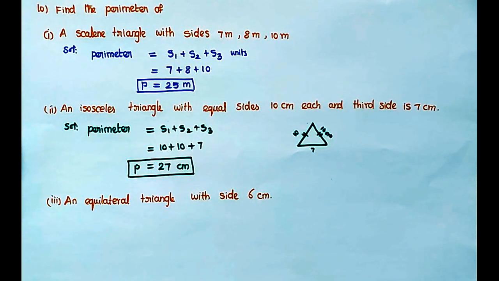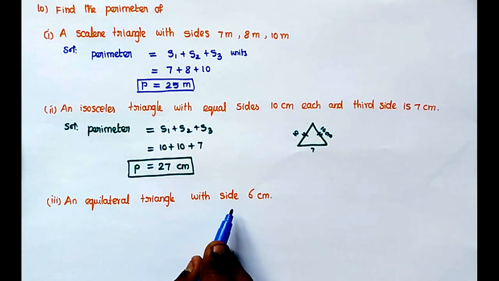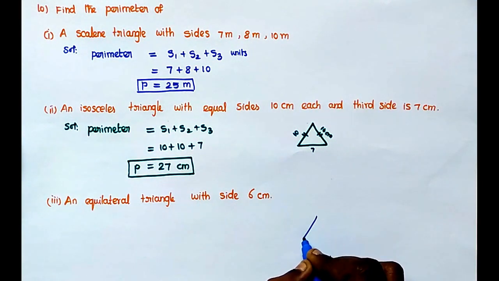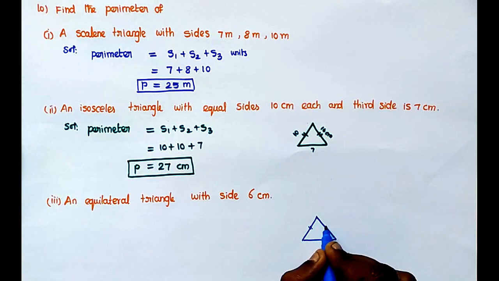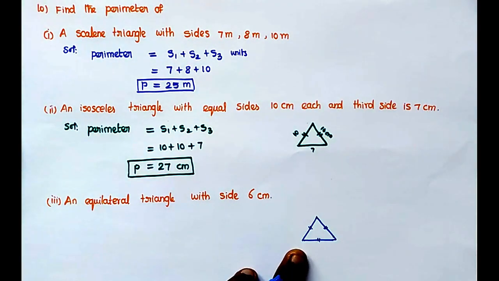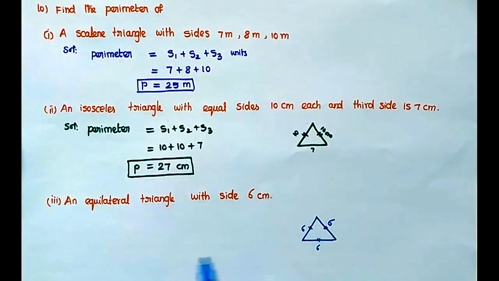And third one, an equilateral triangle with sides 6 centimeter. Equilateral means 3 sides are equal. That is equilateral triangle, all sides are 6 only.